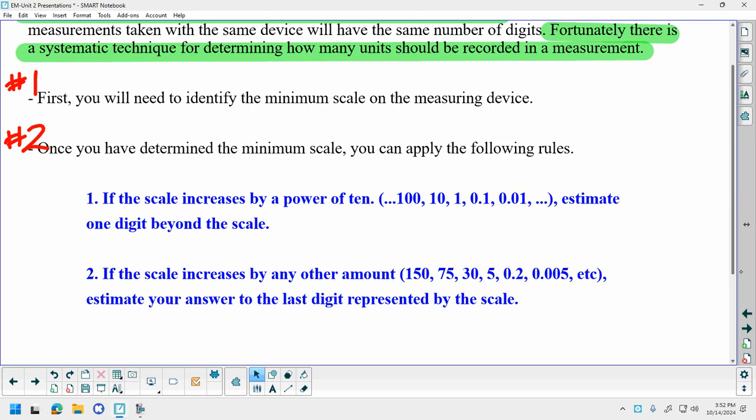And then where we end up putting our estimated digit is going to be in that last value place represented by the scale. Out of the two, the first one is preferred. It gives us the most precise and hopefully the most accurate representation of the measurement versus these other scales, which are not power 10, generally not quite as precise.